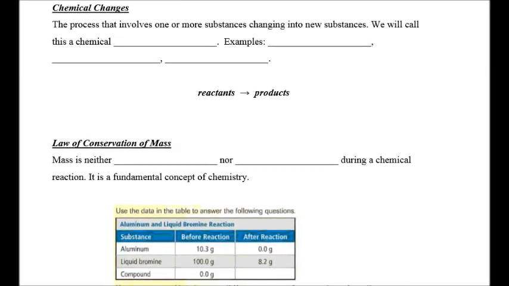A chemical change is the process that involves one or more substances changing into new substances. We will call this a chemical reaction. Examples: explode.